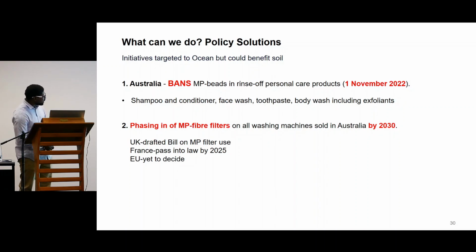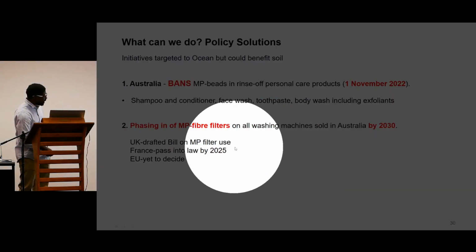And Australia is aiming that by 2030, they are going to phase in microfiber filters for all washing machines to capture the microfibers before the laundry wastewater is released to the wastewater treatment plant. Although it is targeted to reduce the microplastics entering the ocean through wastewater treatment plants, it also benefits the biosolids, because the less microplastics get into the ocean, the less we can find. They tend to appear in the biosolids.